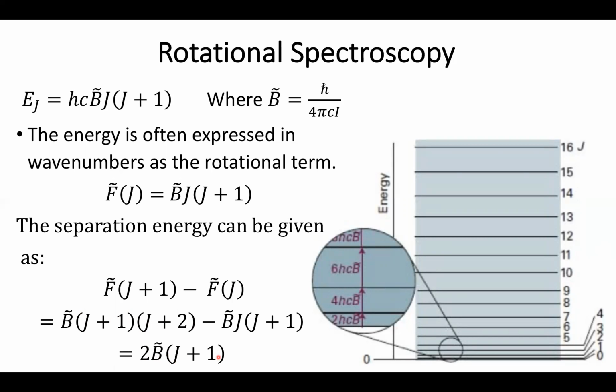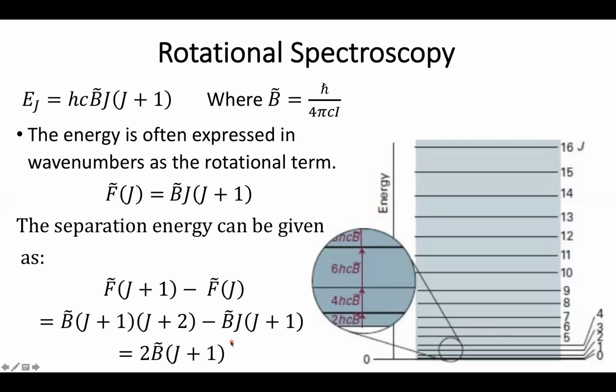And it makes sense that it's the quantum state plus 1, because if I start in the ground state with no rotational motion, I do indeed need an energy separation of twice the rotational constant. And then it goes up to 4 times, and then 6 and 8 and so forth.